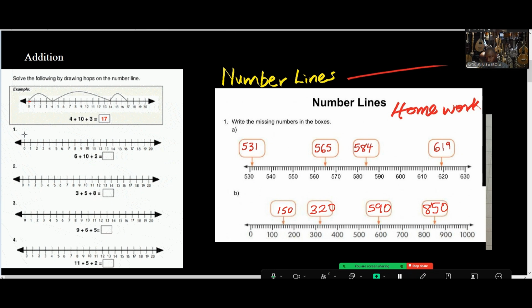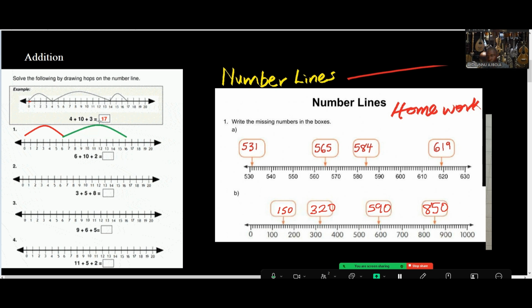So now, from this 0, I'm going to count 6 first. So up to 6. When I count 6, I stop on the 6, okay? Then I'm going to make the next move and count another 10. So 1, 2, 3, 4, 5, 6, 7, 8, 9, 10.